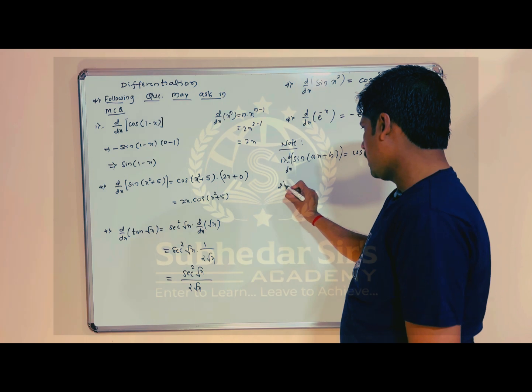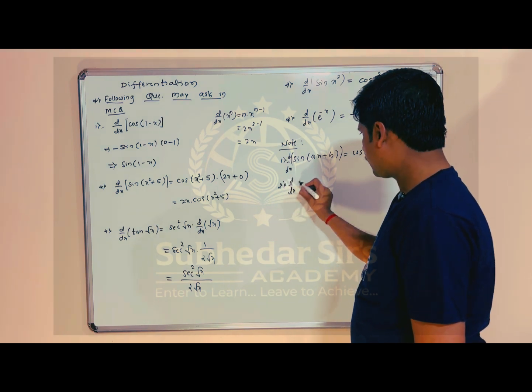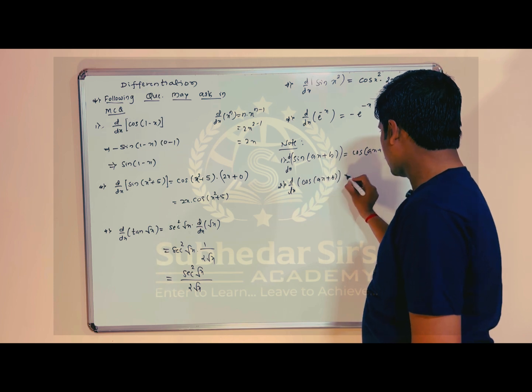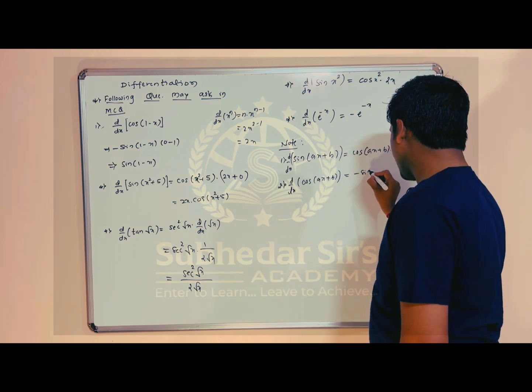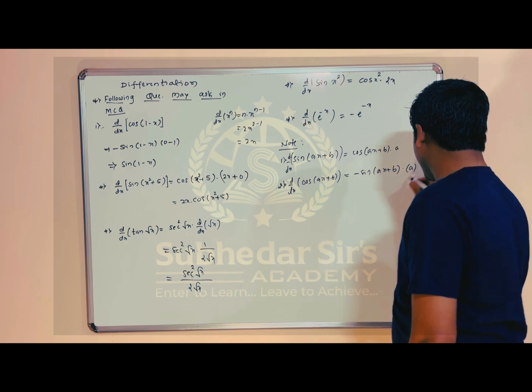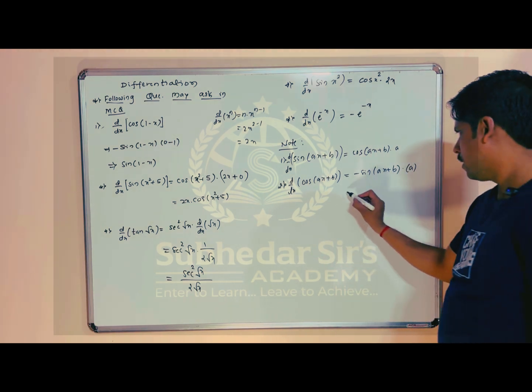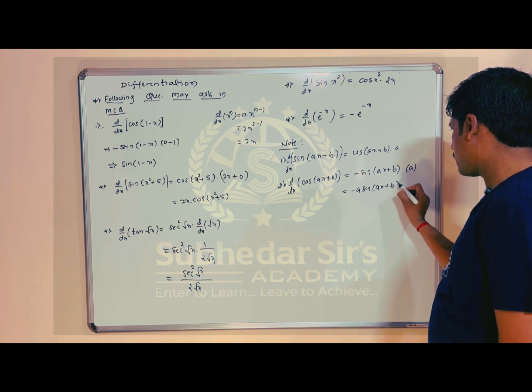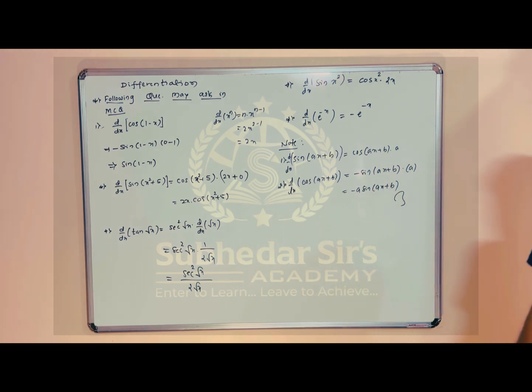Similarly, d by dx of cos of ax plus b. So cos differentiation is minus sin of ax plus b into a. That is minus a sin of ax plus b. So right.